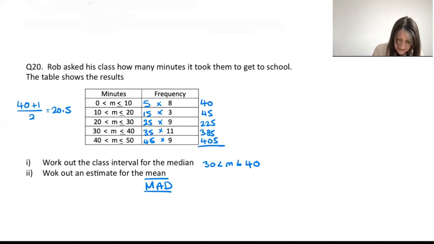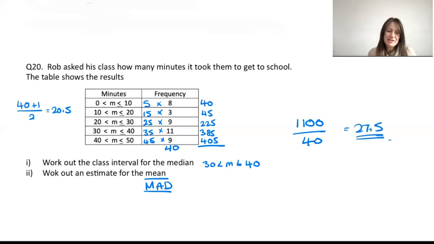We add this up and we get a total. So when we add that, I'm going to do over here where there's a bit more space, we get 1,100. We've already added this, we know it's 40, so we'll divide through by 40 and we get 27.5. So hopefully that went well.